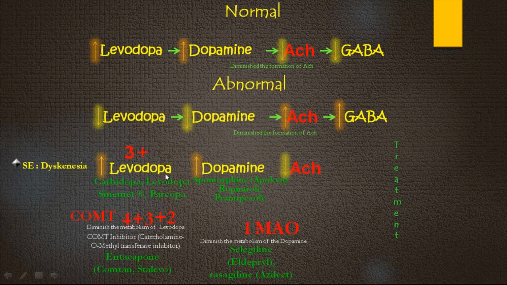Then we have levodopa, and at the end we have the COMT inhibitor, that is entacapone. Entacapone has fewer side effects than the rest. If the MAO inhibitor is not effective, you add a dopamine agonist. If that is not enough, they add levodopa, and then we add the COMT inhibitor, entacapone.